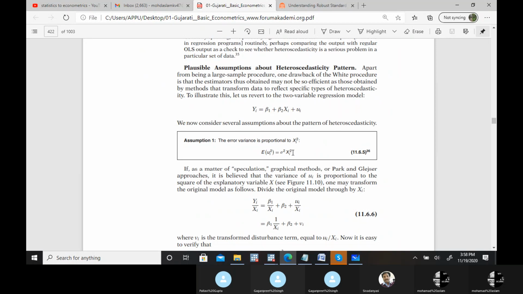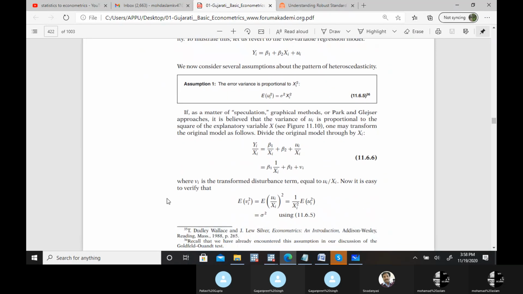Then just divide by this x variable and run the regression, and you will get constant variance of the residual. Whatever variable is creating a problem, divide with that.